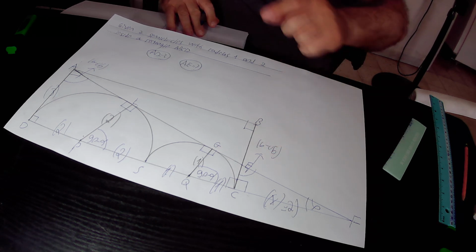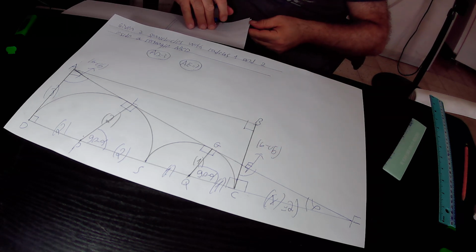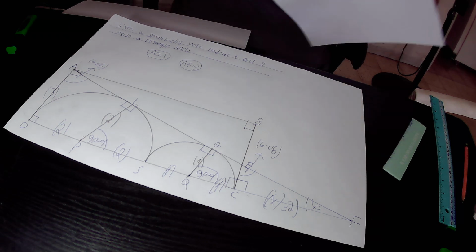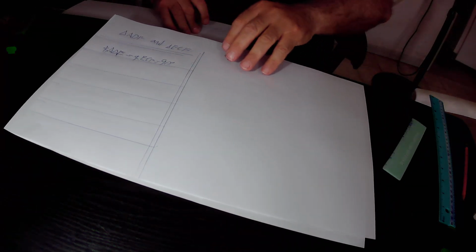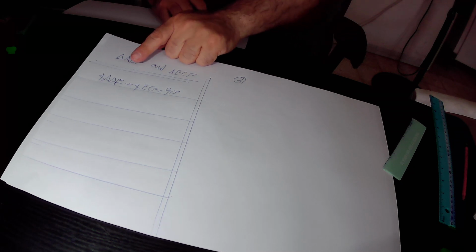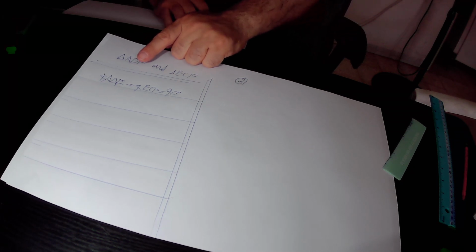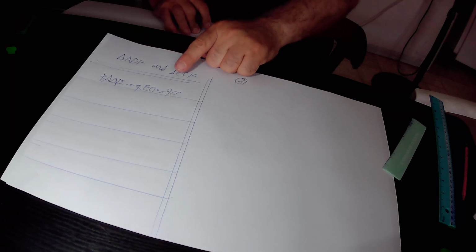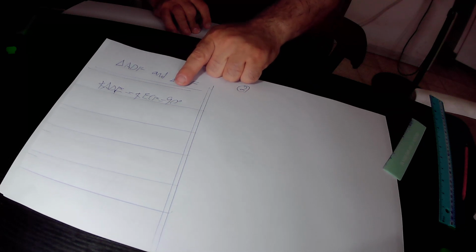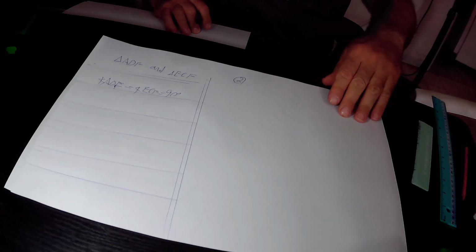So I repeat again, angle ADF in the big right triangle ADF equals angle ECF in the small right triangle ECF. They are both equal to 90 degrees and therefore they are equal to each other.